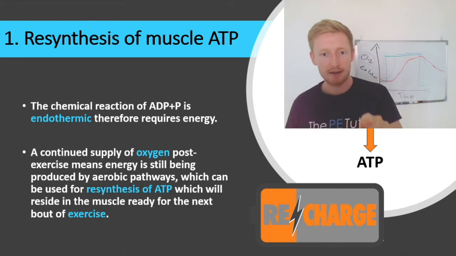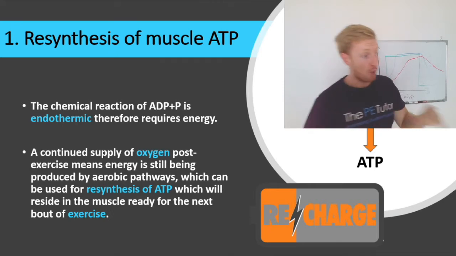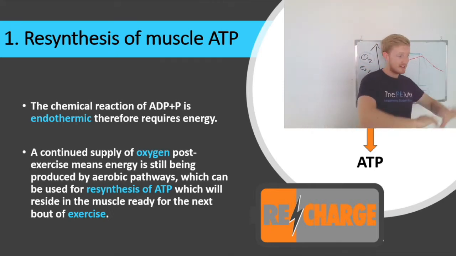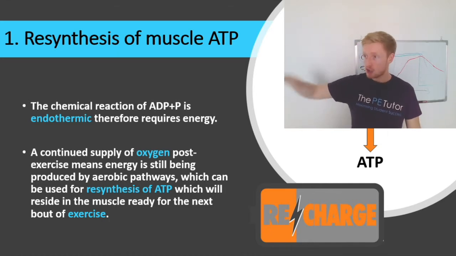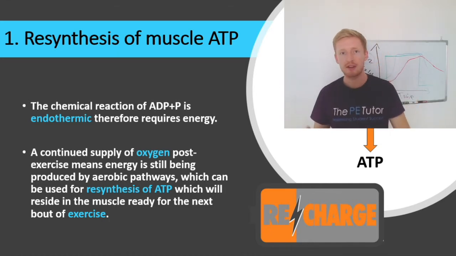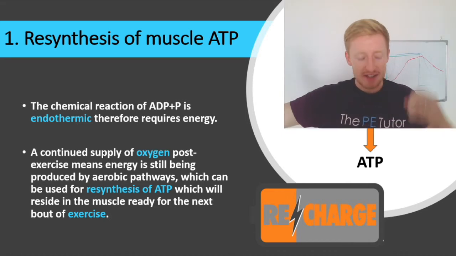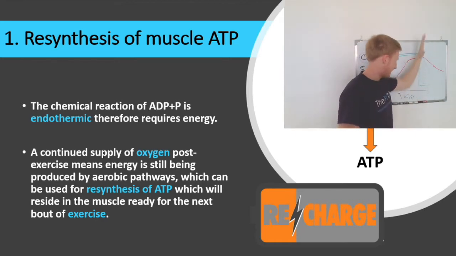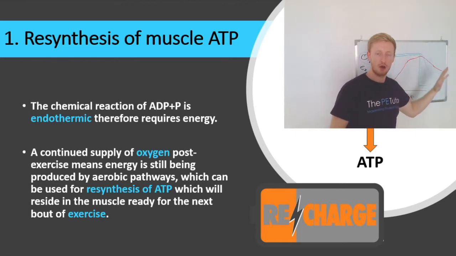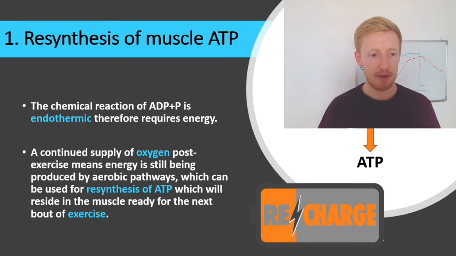Because we need it to resynthesize ADP plus P. Because if we have any intention of exercising in the next 10 seconds, we will need fresh ATP ready to break down so that we can contract our muscles. So it's vital that in the first seconds and 2-3 minutes of recovery, we put back together the ATP inside of our muscle.